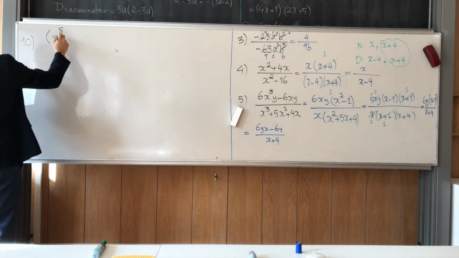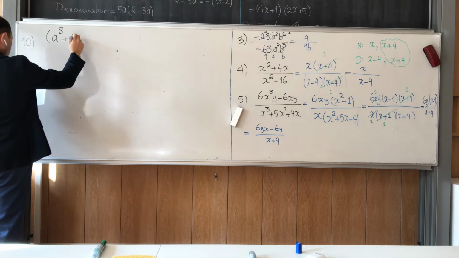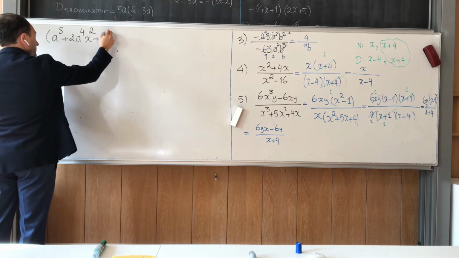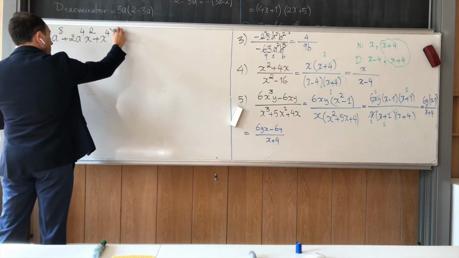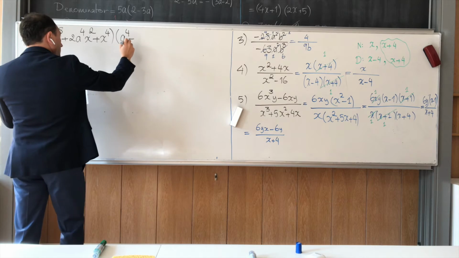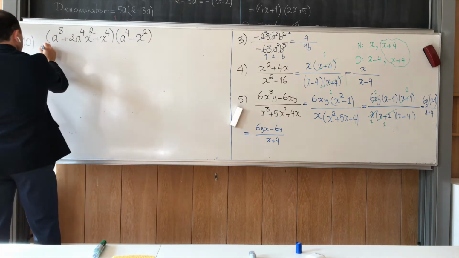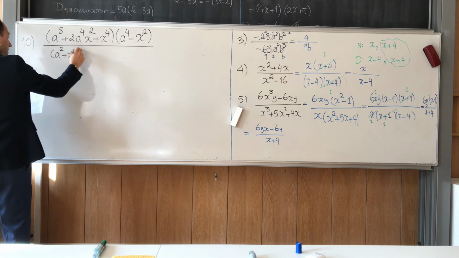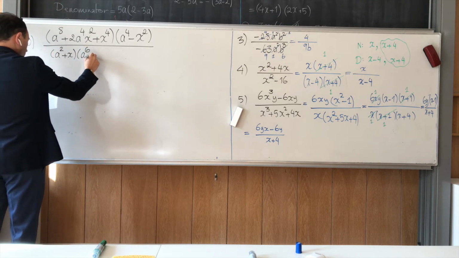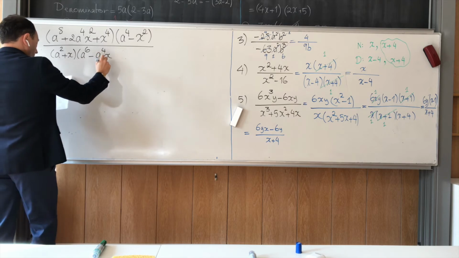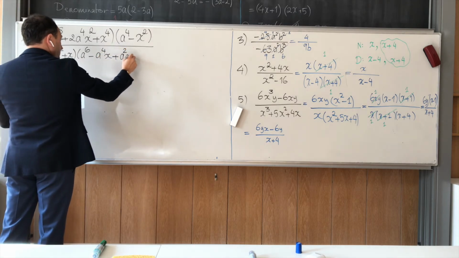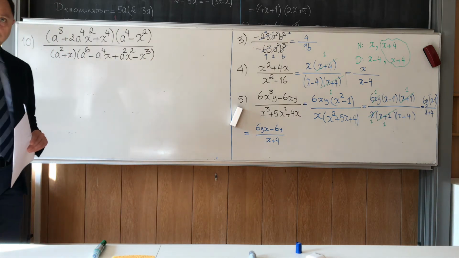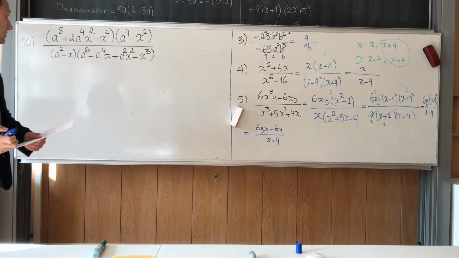A to power 8 plus 2a to power 4 x squared plus x to power 4, multiplied by a to power 4 minus x to power 2, divided by a to power 2 plus x multiplied by a to power 6 minus a to 4x plus a squared x squared, and finally minus x cubed. Okay? We want to simplify this expression.